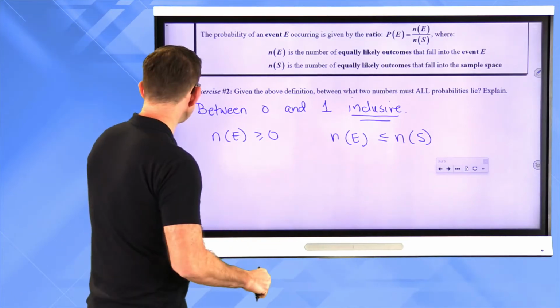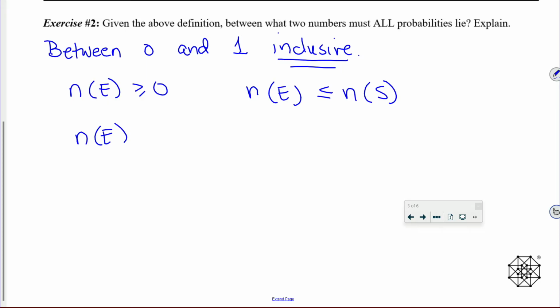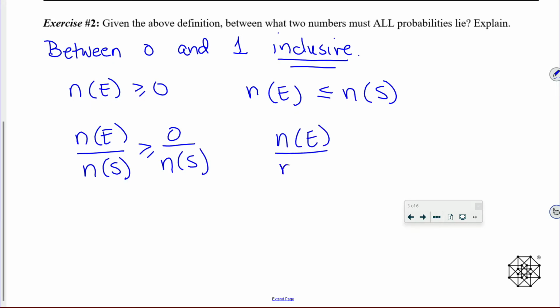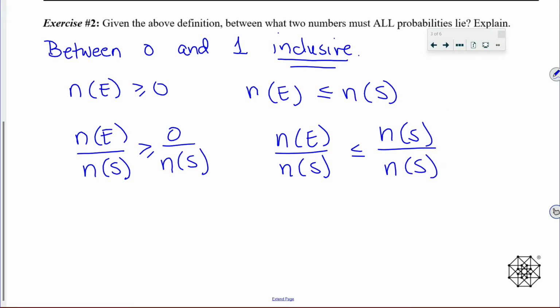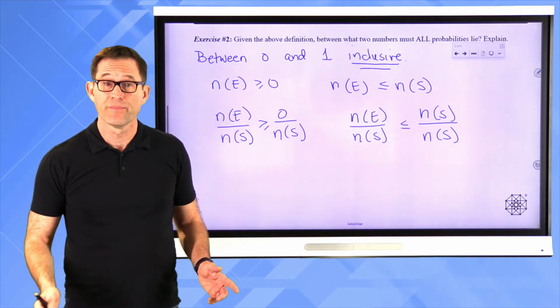So what I can easily do is take these two things and divide them both by N of S. Let me divide both sides by N of S, the number of outcomes in the sample space. Now keep in mind, again, that also has to be a positive number.